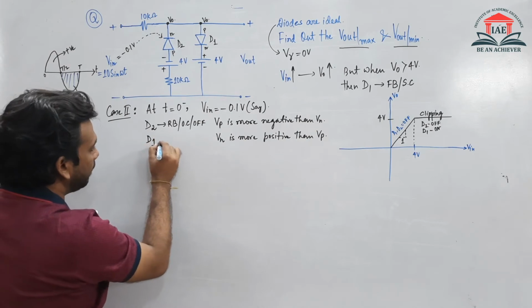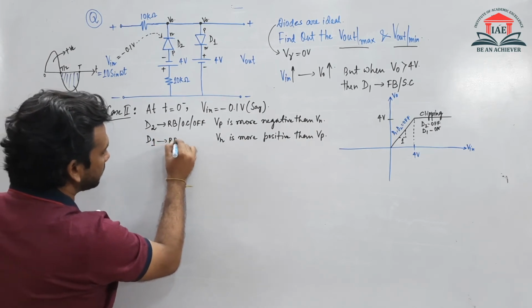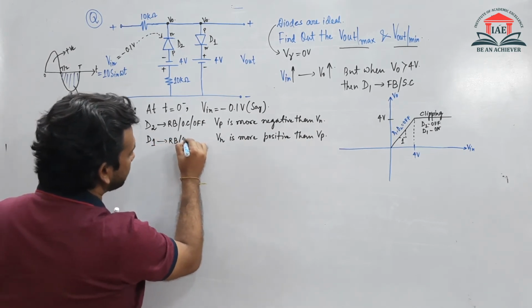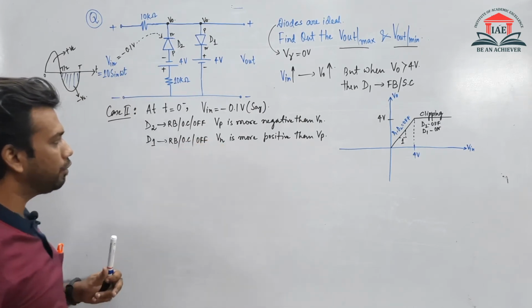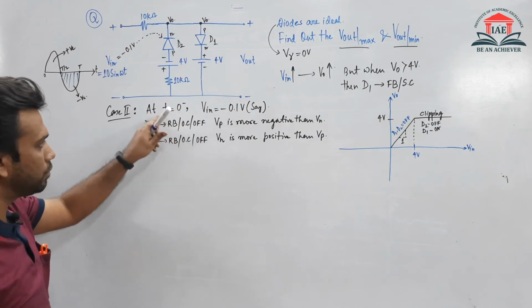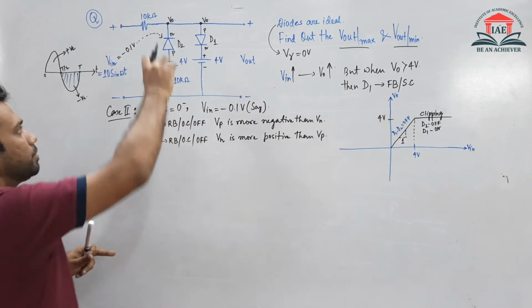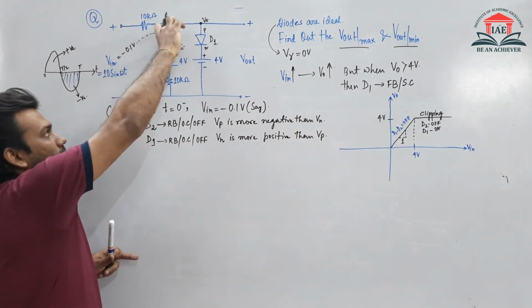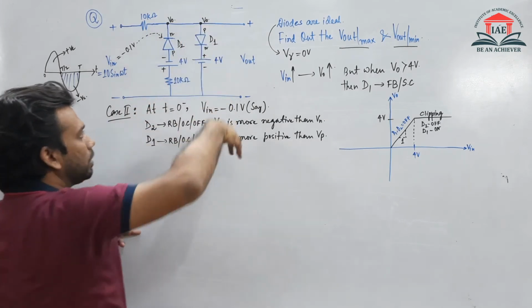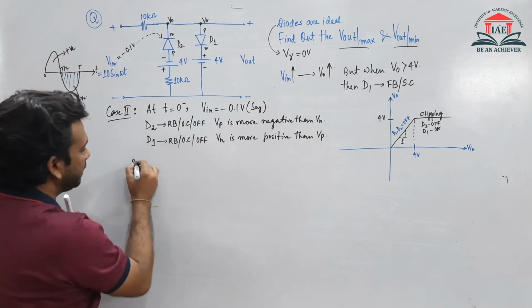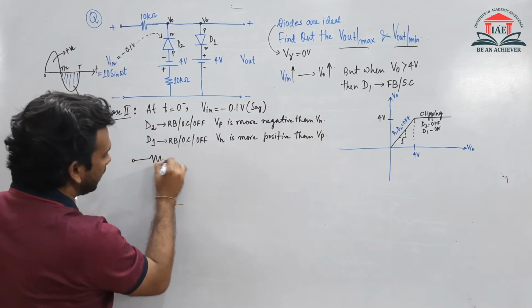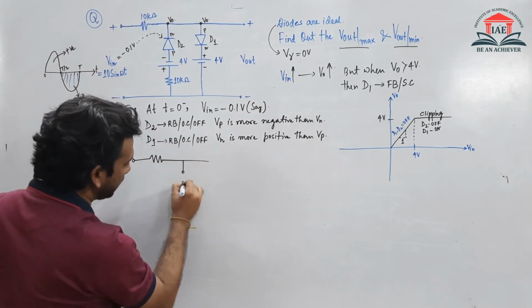So the D1 diode will also be reverse biased, so it will be open circuit, or we can say it is off. So what will be the equivalent circuit at t equals 0 minus condition? This will be an open circuit, and this is also an open circuit, so we can draw the equivalent circuit. If I draw the equivalent circuit at this timing instant, there was a resistance here and this is open circuit.